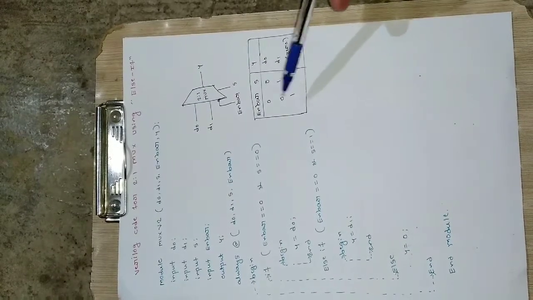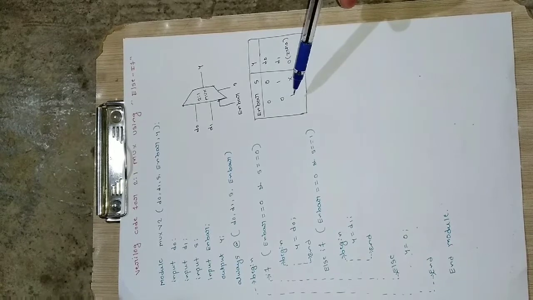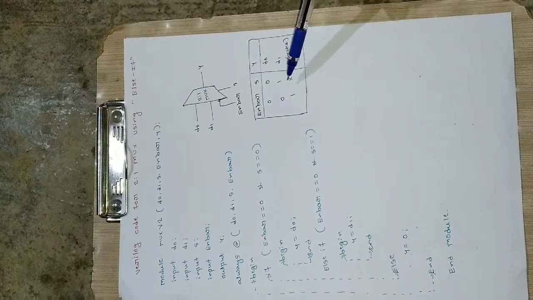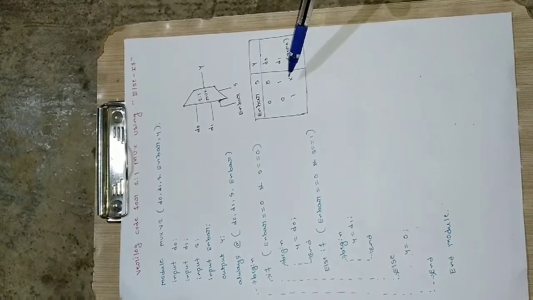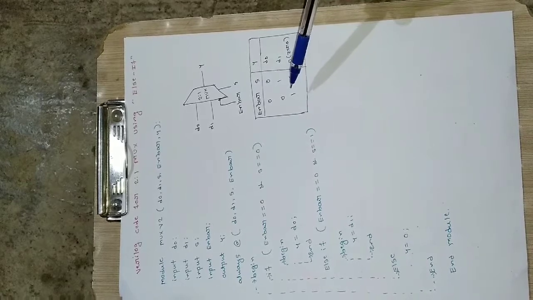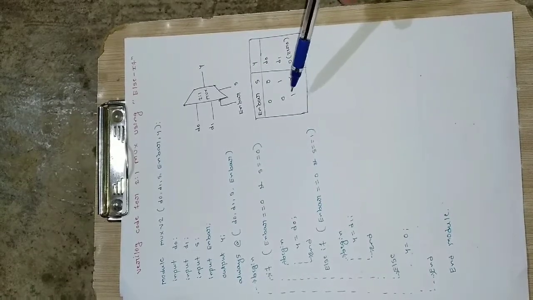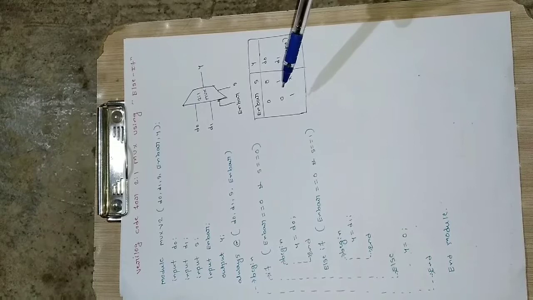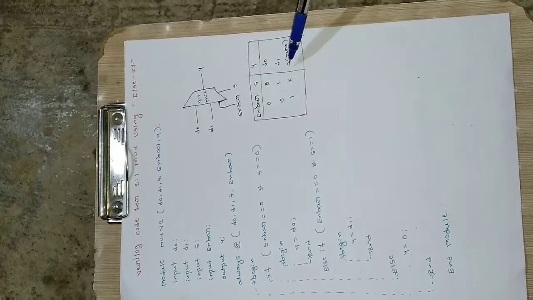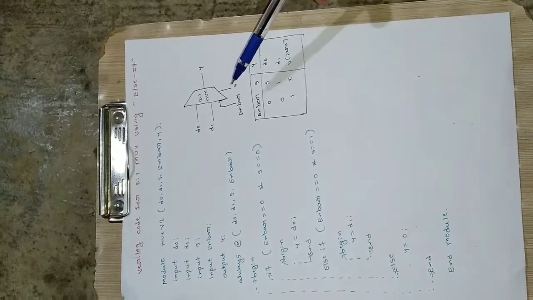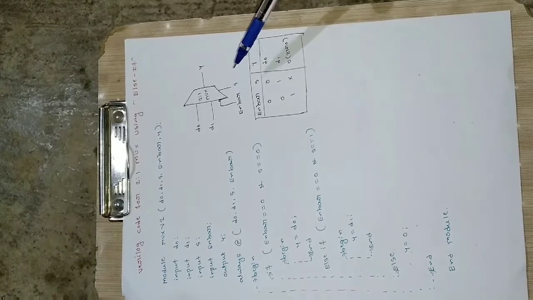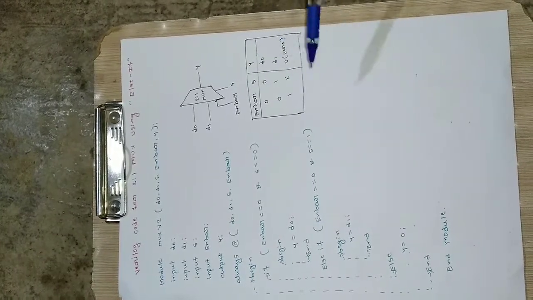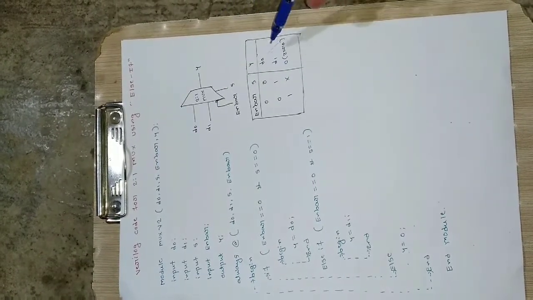If the enable bar value becomes 1, it will not bother about the value of S, and the output will be equal to 0, because the MUX will be in the off state itself. So like this the 2:1 MUX works.